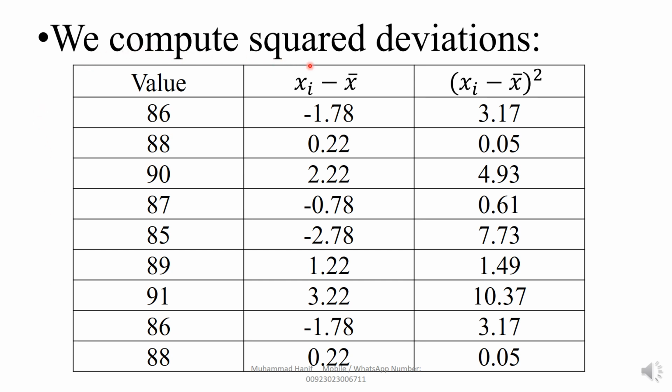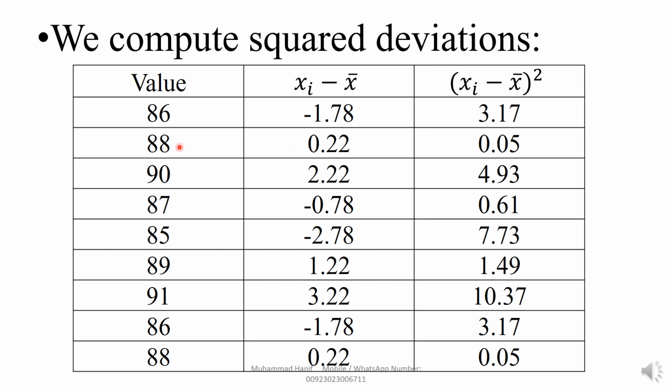We compute the squared deviations. The values are all given; you write them according to the formula, xi minus mean of x, then square. 86 minus mean of x, we get minus 1.78. Then this number multiplied by the same number, we get 3.17, because the square means this number multiplied by itself.